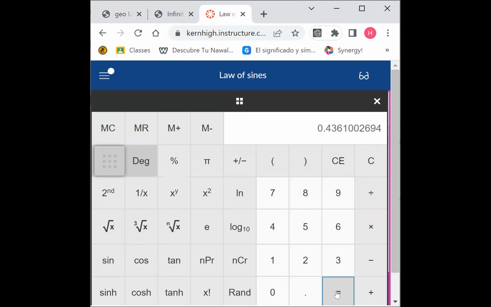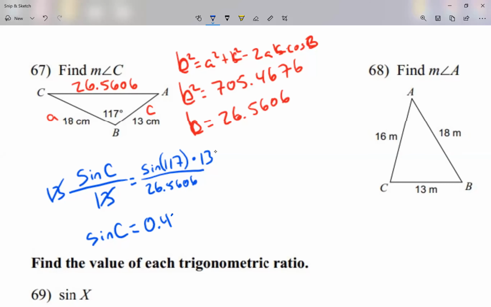So I get 0.4361. Okay, so sine of C is equal to 0.4361.